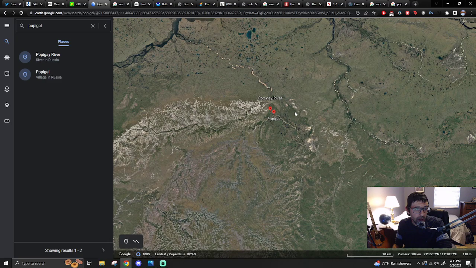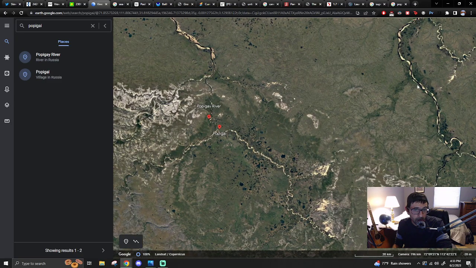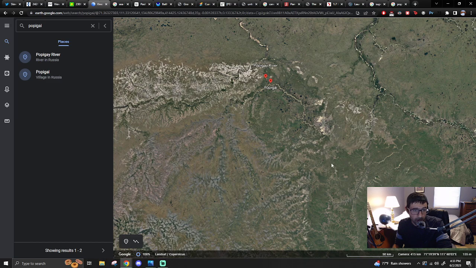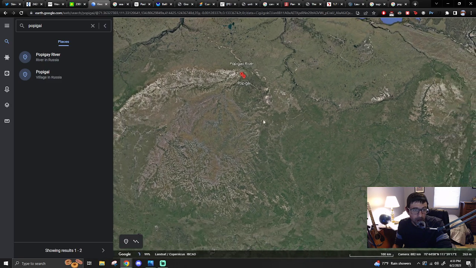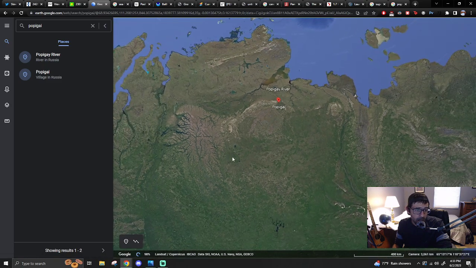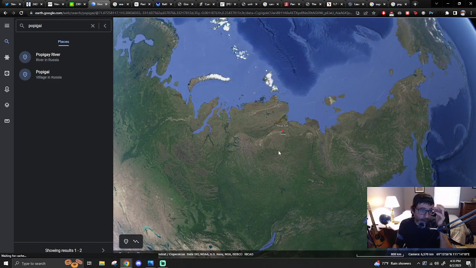Possibly going through over here somewhat, but then going down this way instead, wrapping around, and going down into this region, seemingly filling this big circle with a nucleus here, relatively.